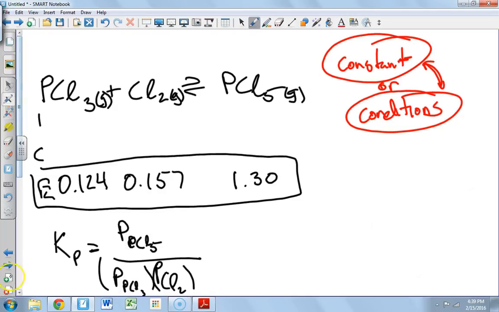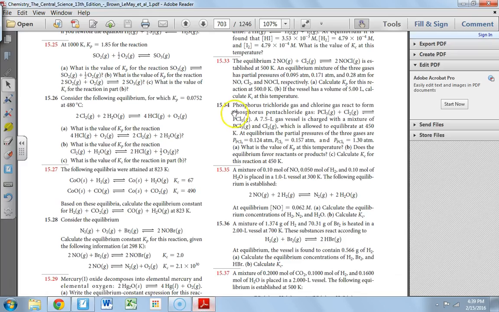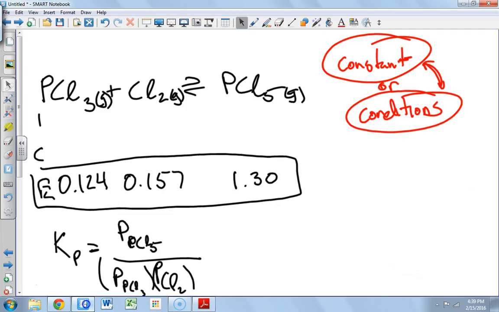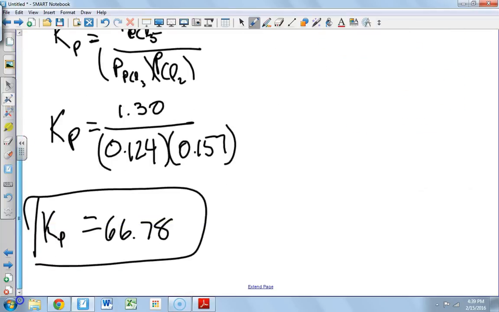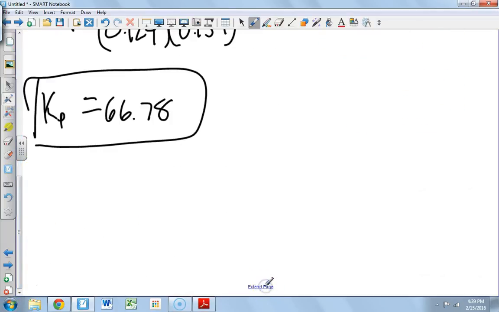Okay, so that's part A, of question 34. Now part B says, does the equilibrium favor the reactants or products? This is a theory question, a chemistry question, not a math question. Remember that Kp is products over reactants.